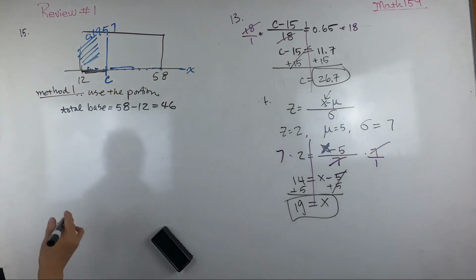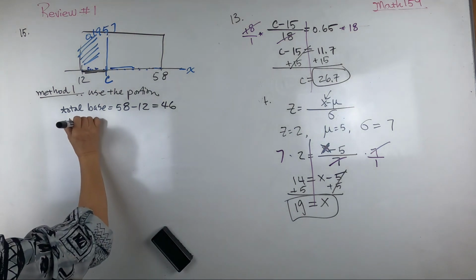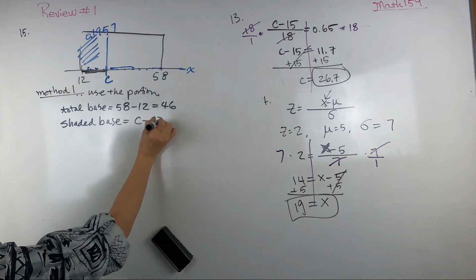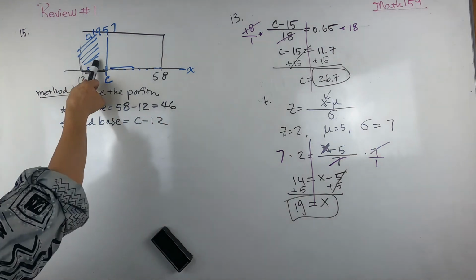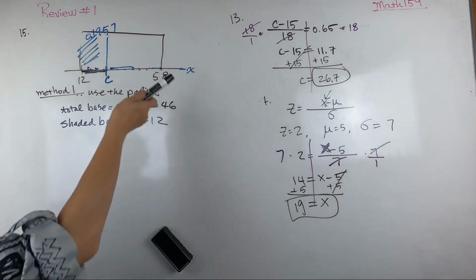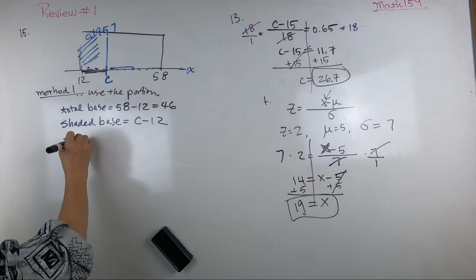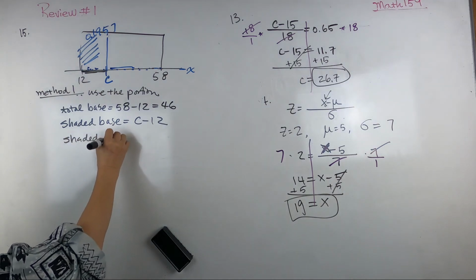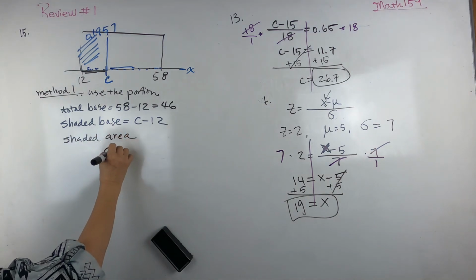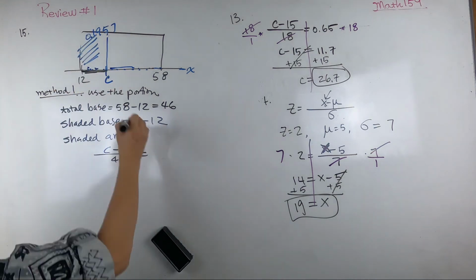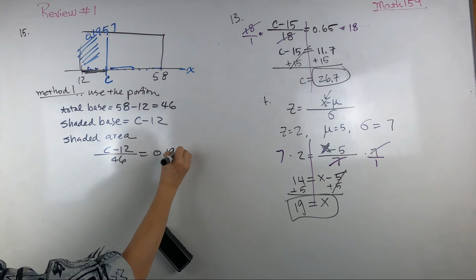All right, then the shaded base would be what? C minus 12. Then this portion occupies 0.1957, 19-20%. So the shaded area would be c minus 12 over 46, supposed to be that number.